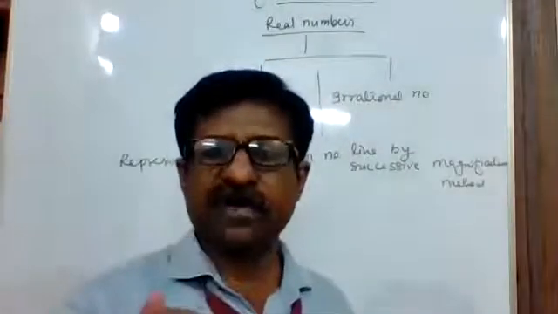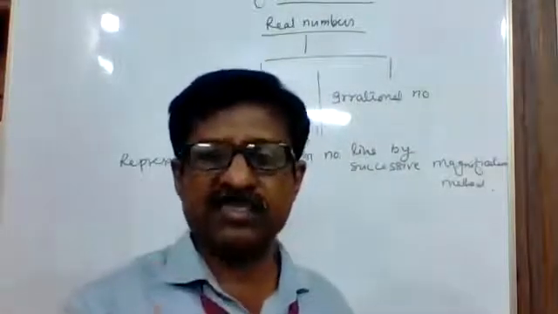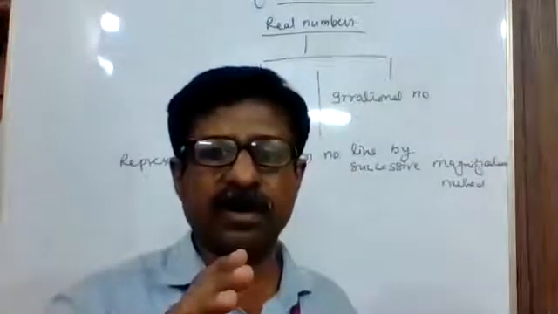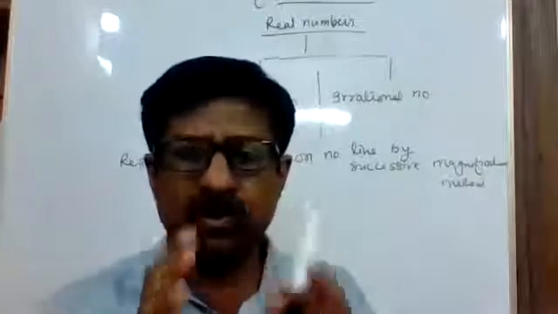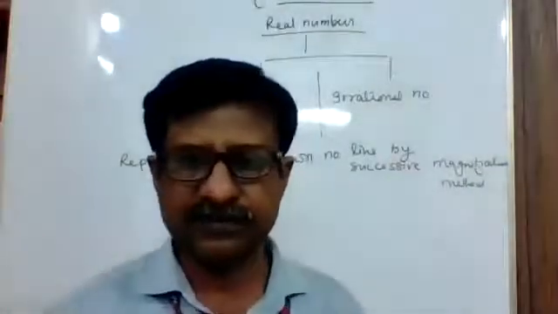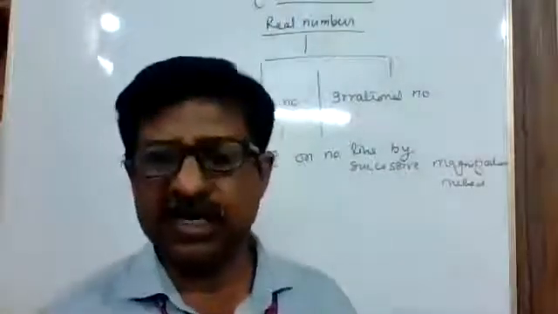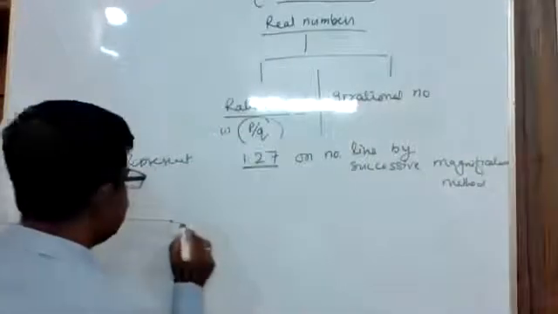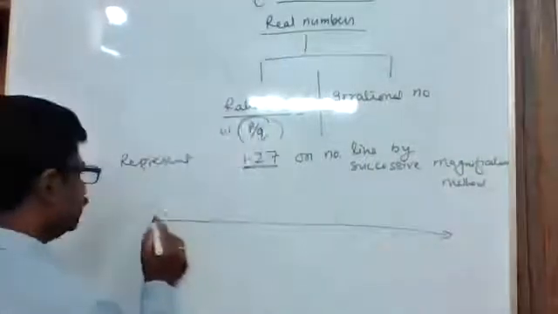We use the magnifying glass to make the number line a little bit bigger, and we will go deep inside the number line to search for that particular number. Now, how to do that? First, we draw a normal number line.